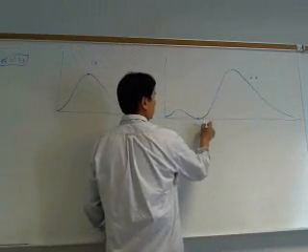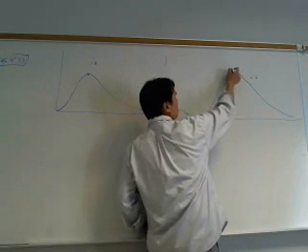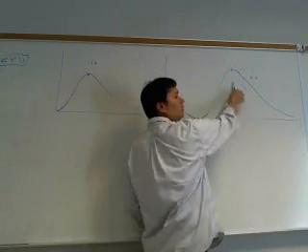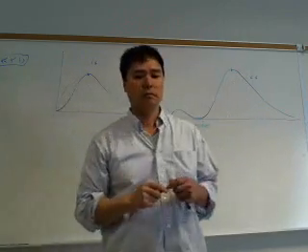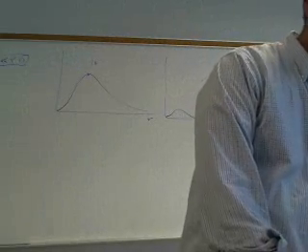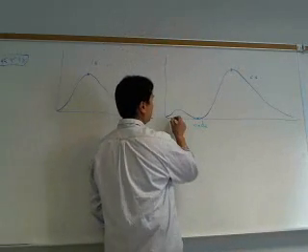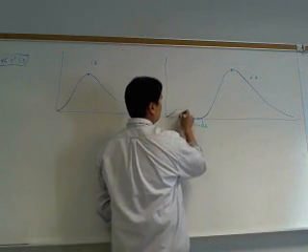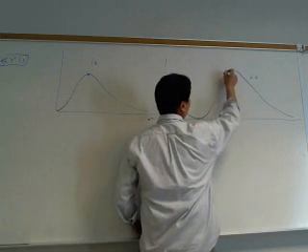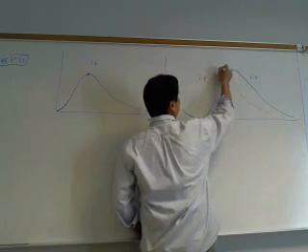And the peak's out here, which tells us the most probable distance is here. That's the 2s. If we compare this to the 2p, the most probable distance is a little closer. 2p.